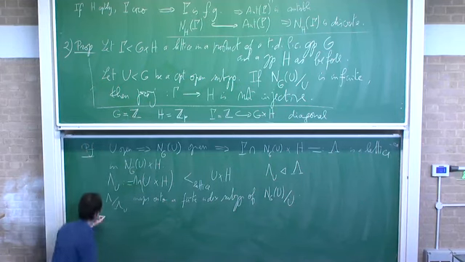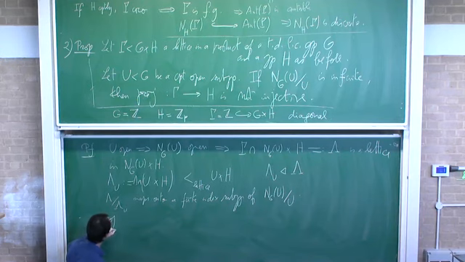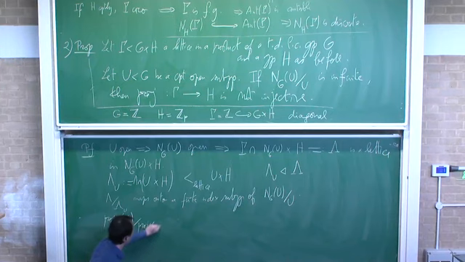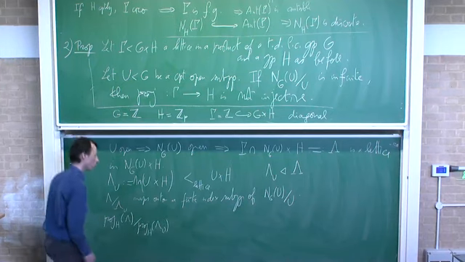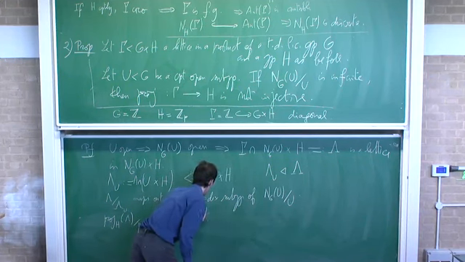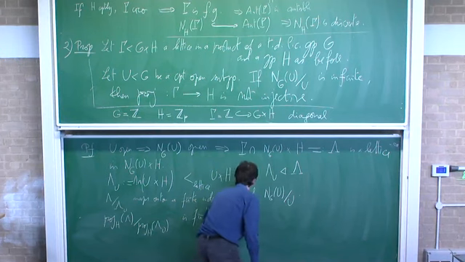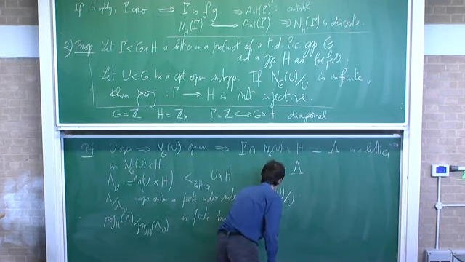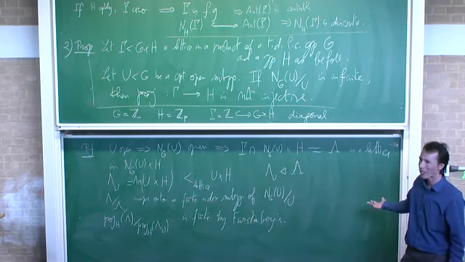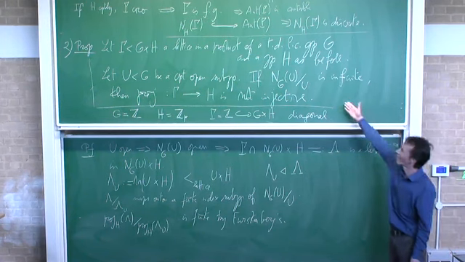So when you project H to H mod lambda, this quotient is finite by Fürstenberg. Okay, so something was killed in the projection, which is what we get.